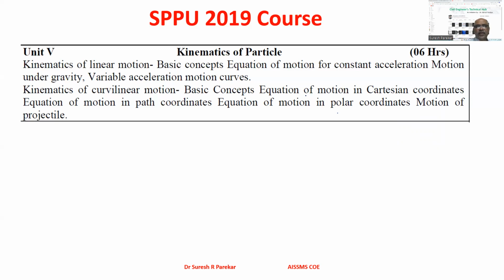Now in Cartesian coordinates we have to go with two equations, or I can say we have motion only in one direction, but we have acceleration in two directions. So here we are dealing with tangential and normal acceleration. We have two accelerations, but velocity only in one direction.